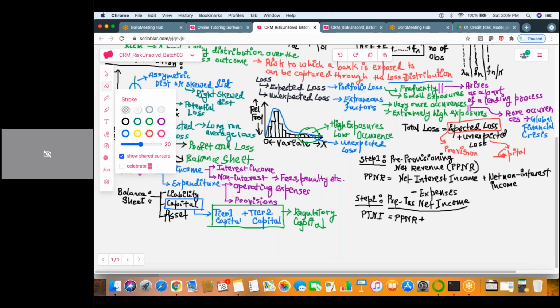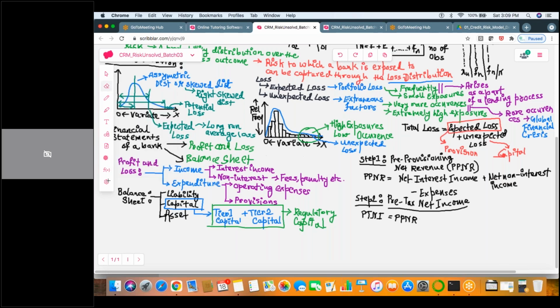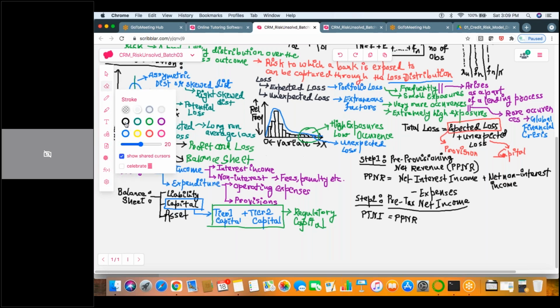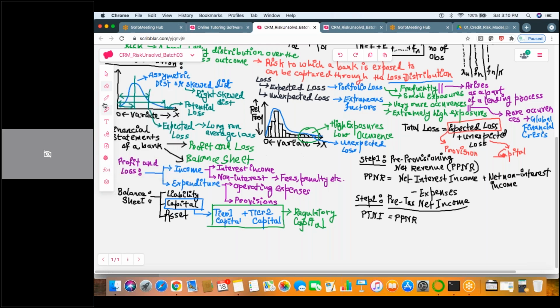Whatever the losses that have been made from counterparty, minus net counterparty losses. So this is the part where your market risk factors are also coming in.